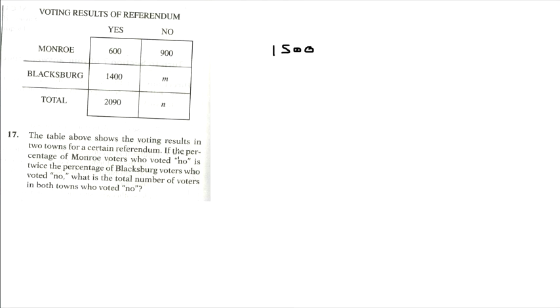The percentage that voted no is going to be 900 divided by 1,500, and you have to multiply by 100, is the percentage of no in Monroe.